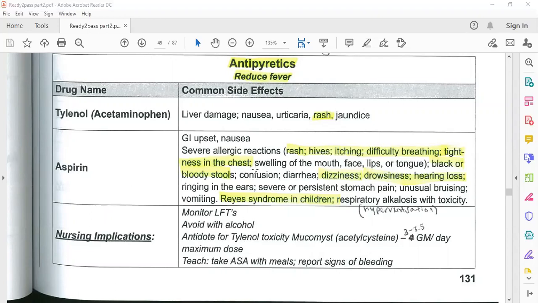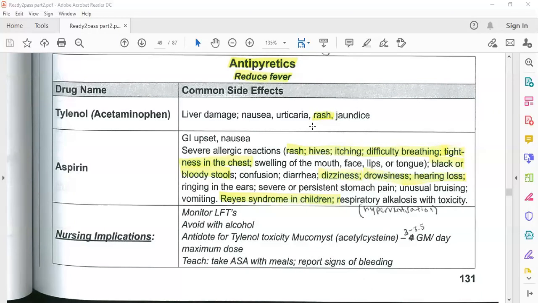Or patients sometimes feel confusion, dizziness, drowsiness, or hearing loss. Ototoxicity means hearing loss, or sometimes the patient develops ringing in the ear, or tingling in the ear.